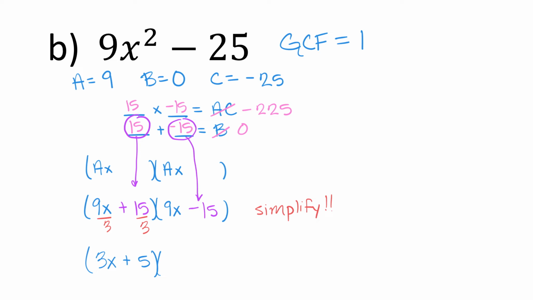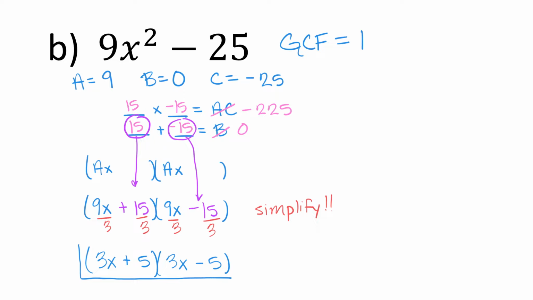And then 9 and 15 can also be divided by 3. 9x divided by 3 is 3x, and negative 15 divided by 3 is negative 5. And so that is our answer.